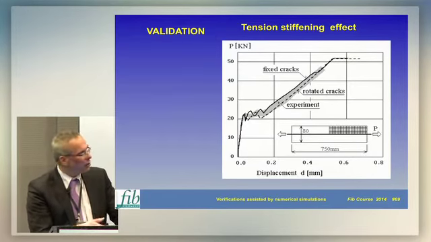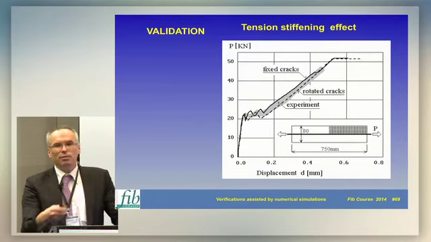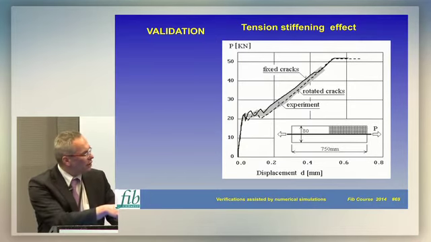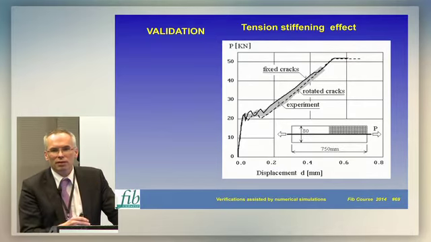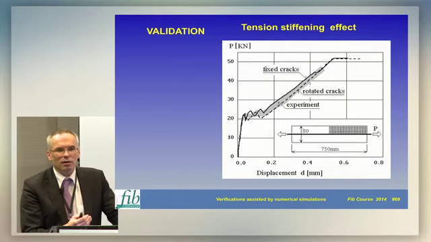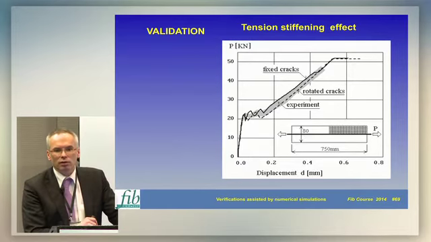What I would like to show with this example is that this tension stiffening effect, and also the bond effect, can be addressed without any need of a special bond model or special stiffening model if sufficiently fine elements are used, because all these effects can be very nicely represented by a suitable model for cracking of concrete.